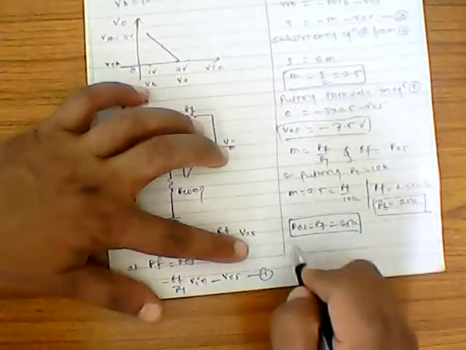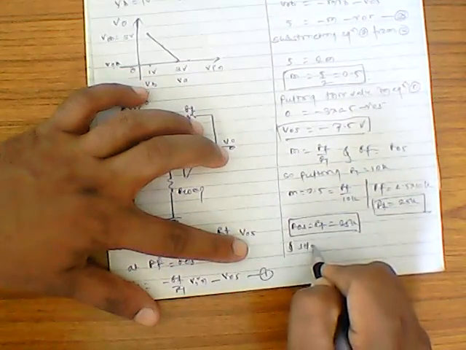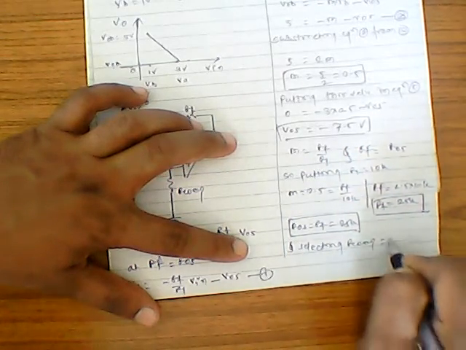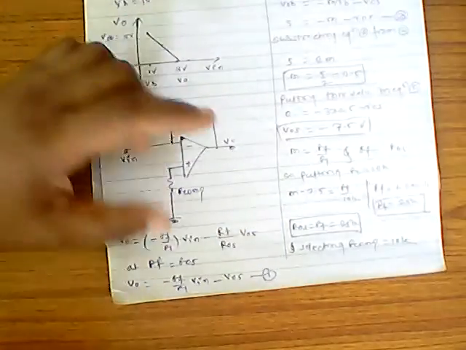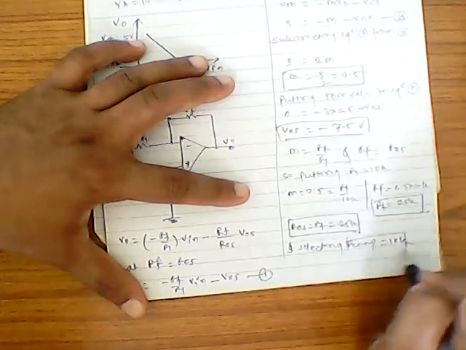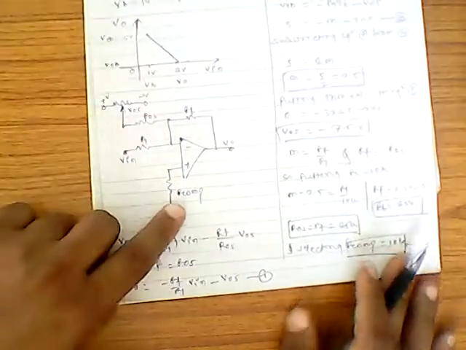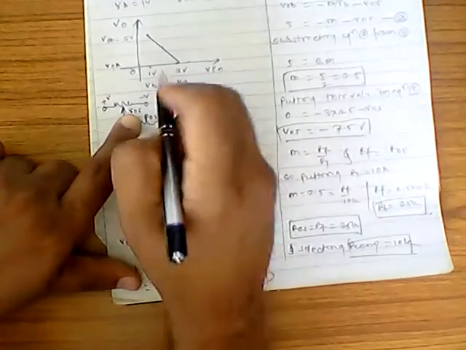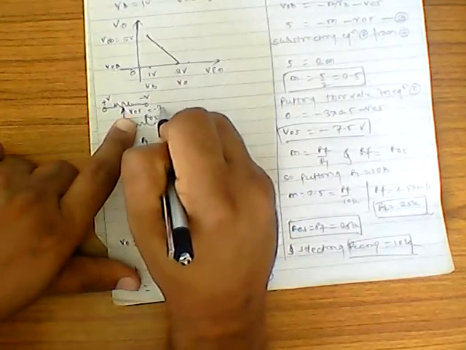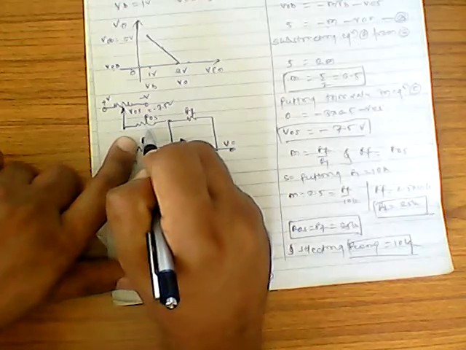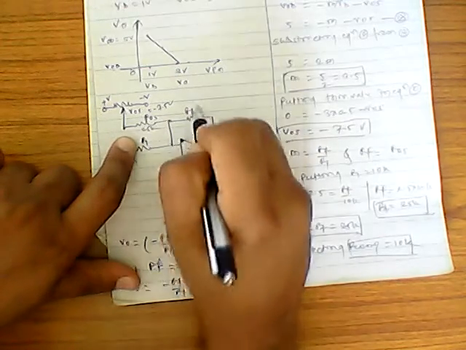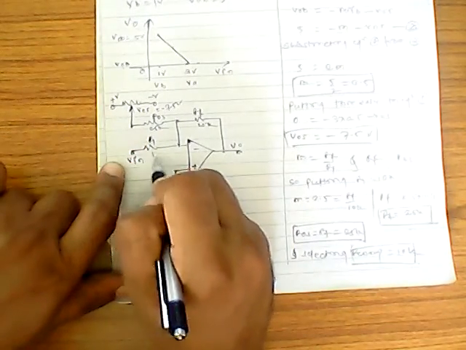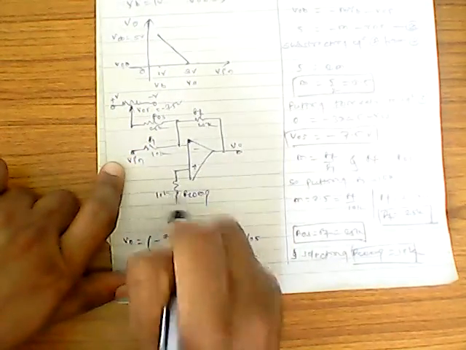And selecting RCOM is equal to 10k, we can develop the circuit. Now see, we have all parameters. We have VOS, that is minus 7.5 volt, ROS that is 25k, RF 25k, R1 10k, and this RCOM also 10k.